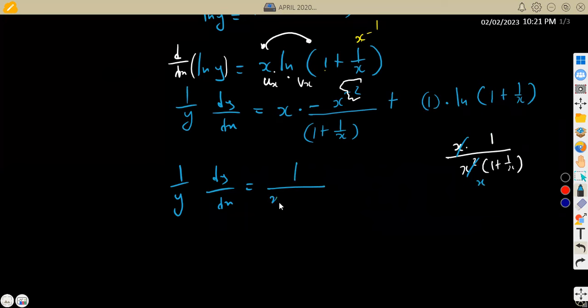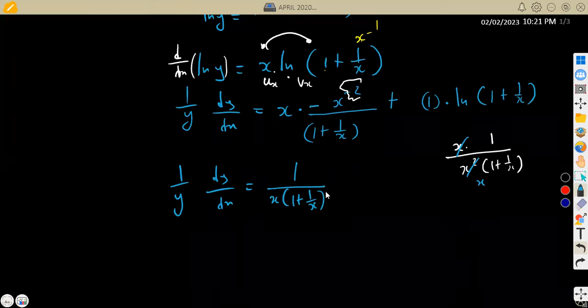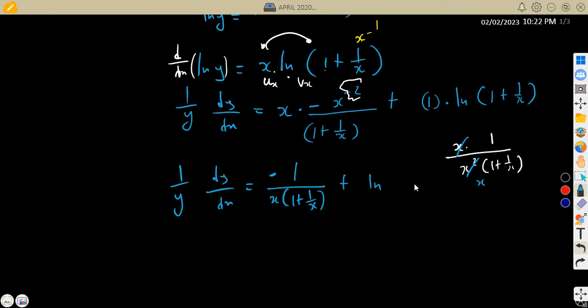So we are going to have 1 over x into 1 plus 1 over x. All right, so that is what you're going to have at the end if you simplify. Not forgetting we had our negative, so there's a negative there. Then you've got plus ln, which is going to remain as it is, ln of 1 plus 1 over x.